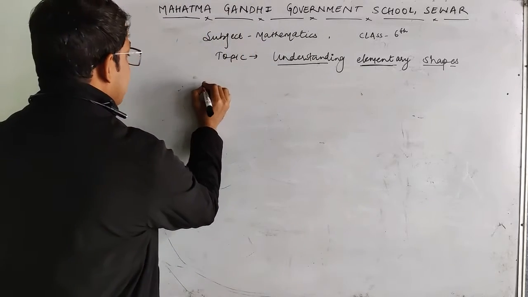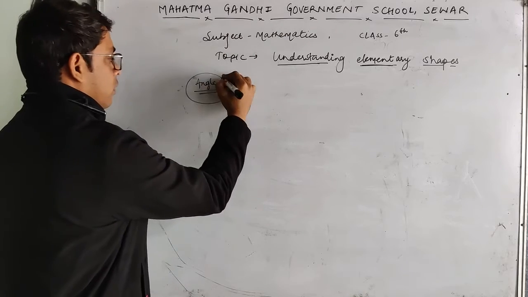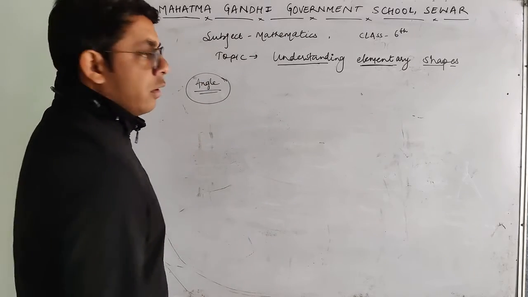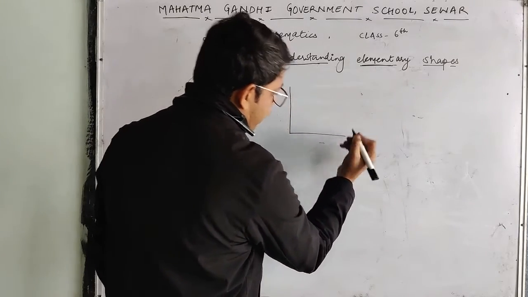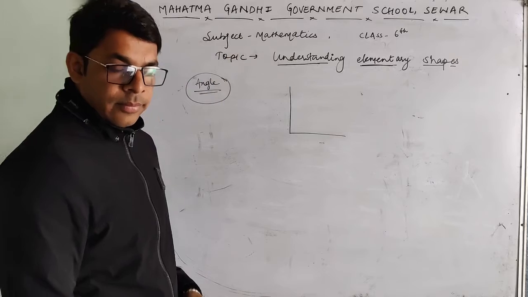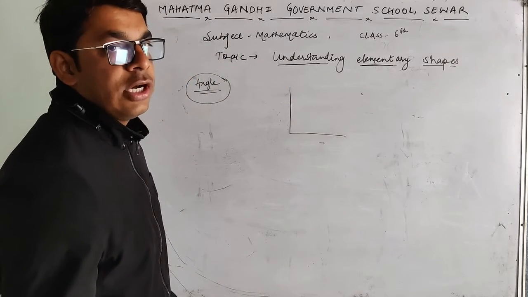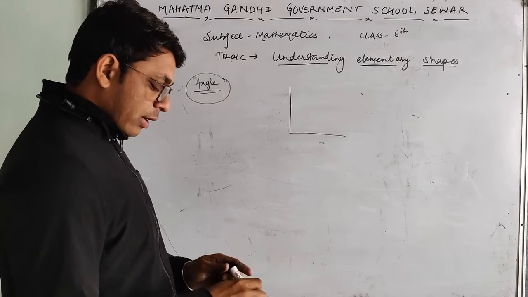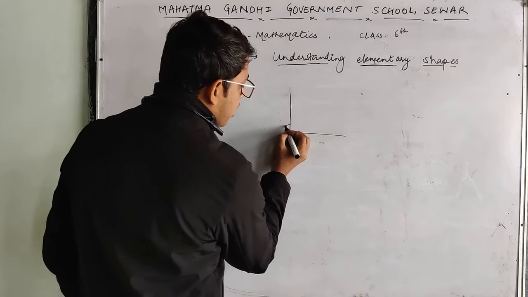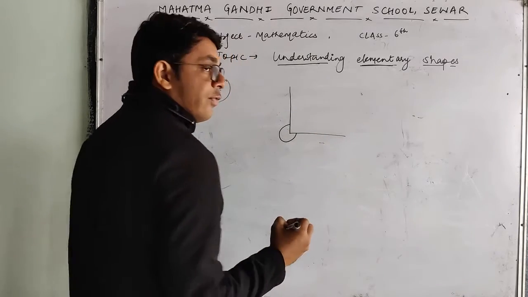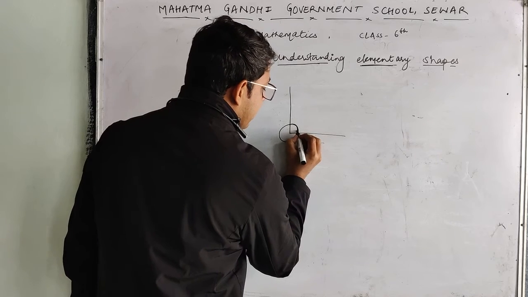Now we will see angle. We saw there are different types of structures, and each structure where two lines meet, they form a curve or they are separated by a curve.